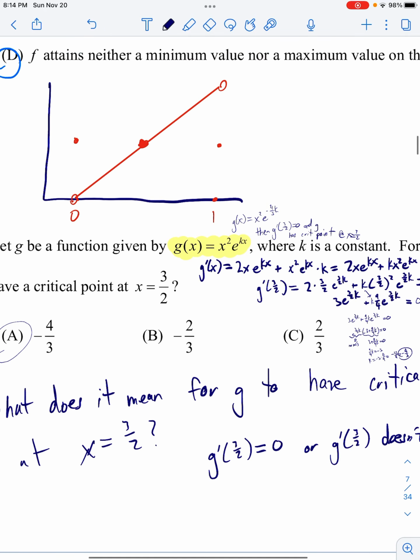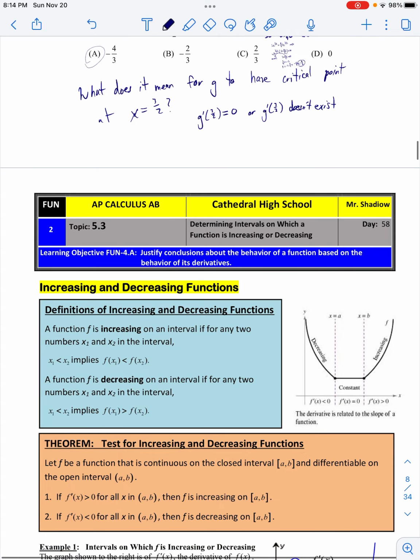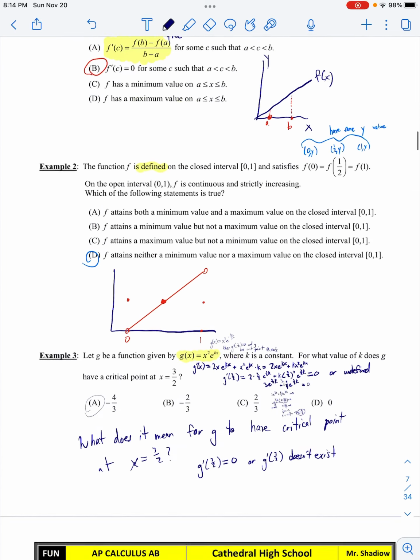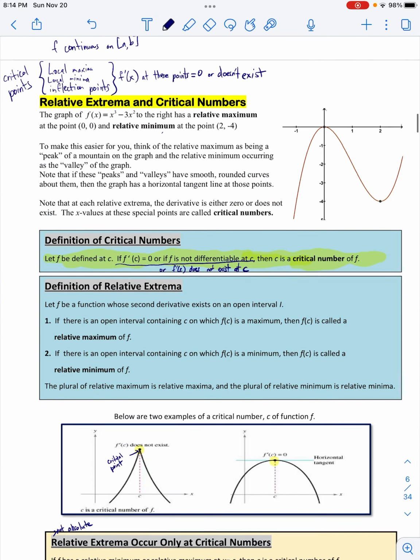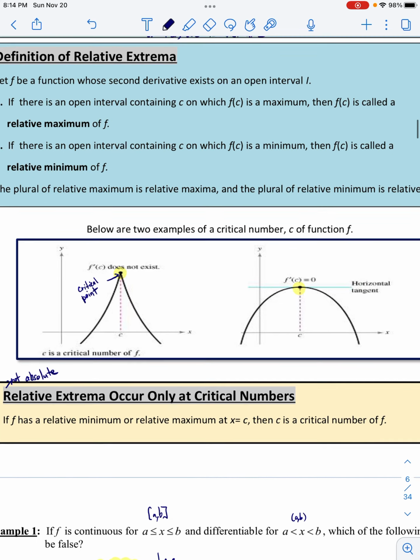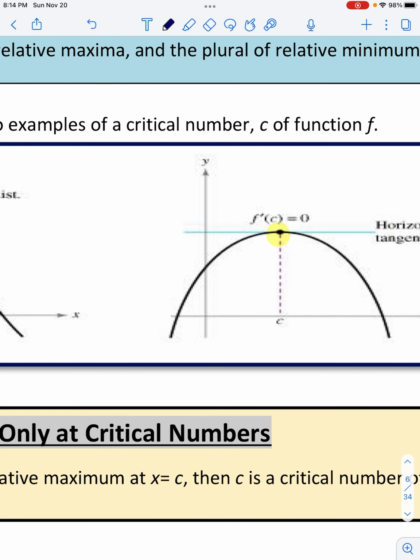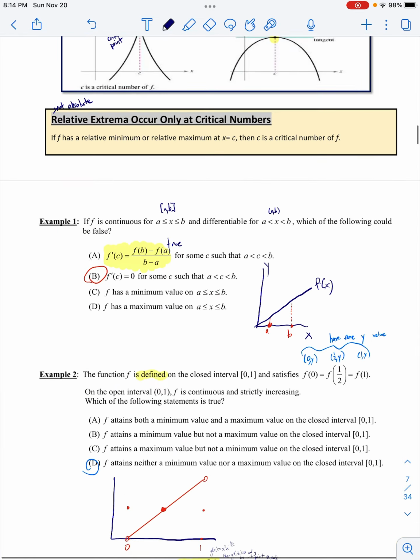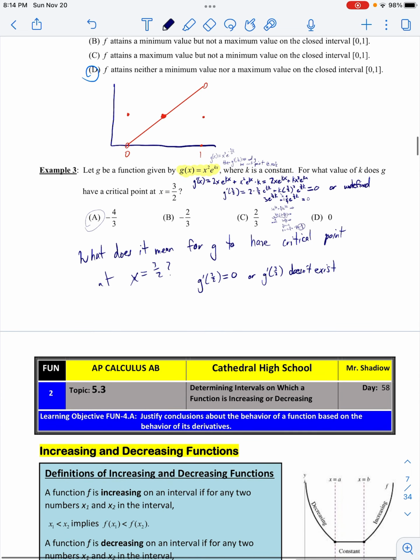Okay, let's move on. Determining intervals on which a function is increasing or decreasing. So this was all about trying to find where a function has a critical point, so where a function has a local minimum or a local maximum, or where it has an absolute minimum or an absolute maximum. That's what this was all about.